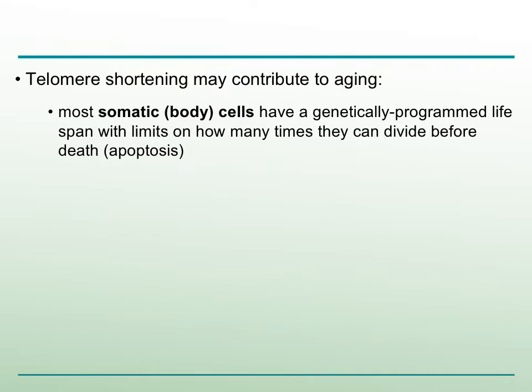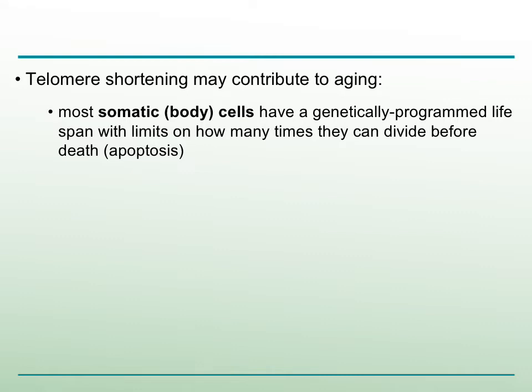Most of the cells in our body, and these are non-germ cells, so the cells that make up our skin, our muscles, our heart, most of those cells have a genetically programmed lifespan. They can usually divide about 20 to 50 times before they're destined to die.